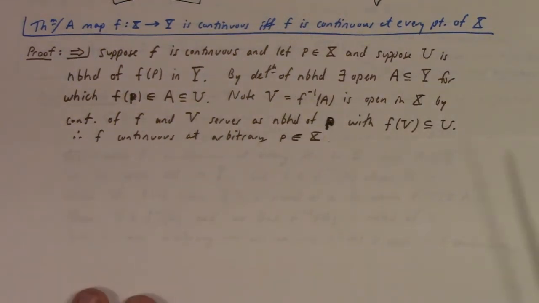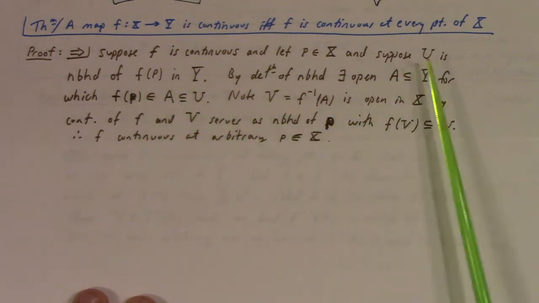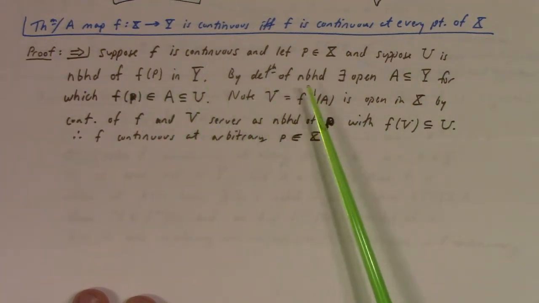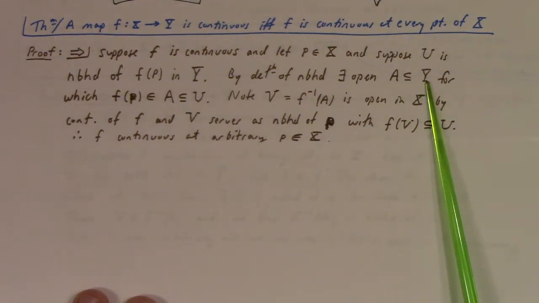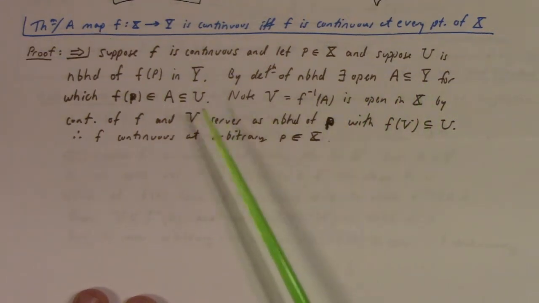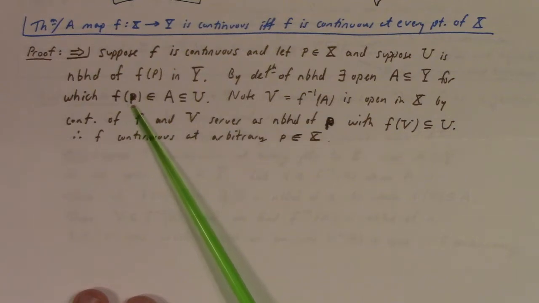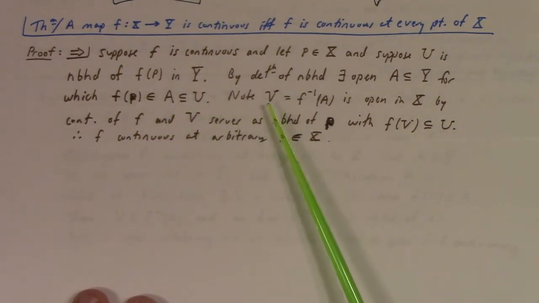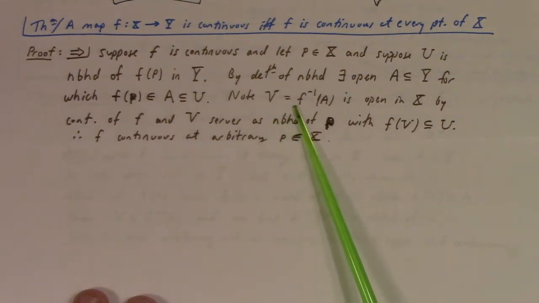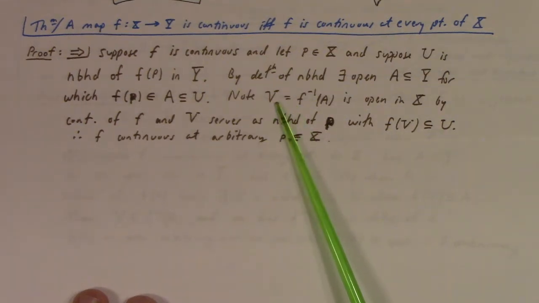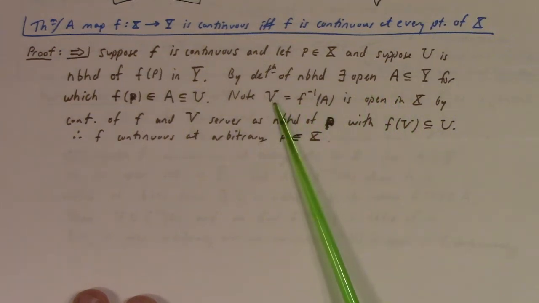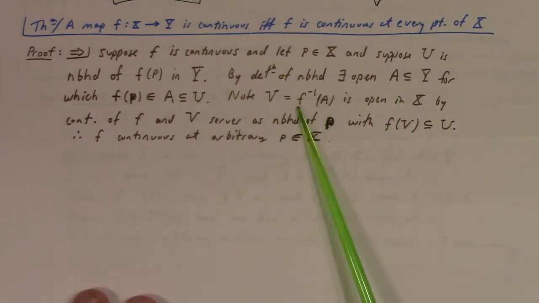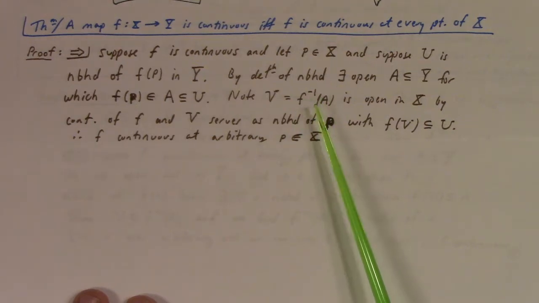So we have U is a neighborhood of f of P in Y. By definition of neighborhood, there exists an open subset inside the neighborhood which contains the point in question, in this case f of P. And it's open, right? So if we let V be the inverse image of A, then since f is continuous, that means that f inverse of A is open in X, right?